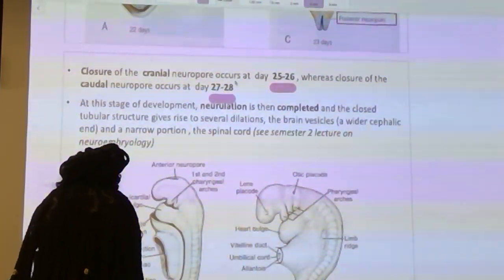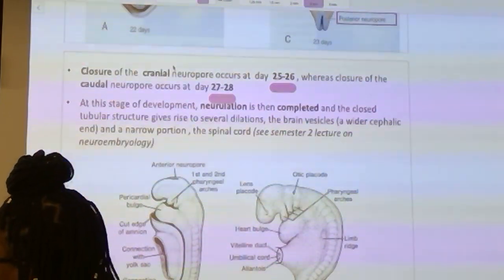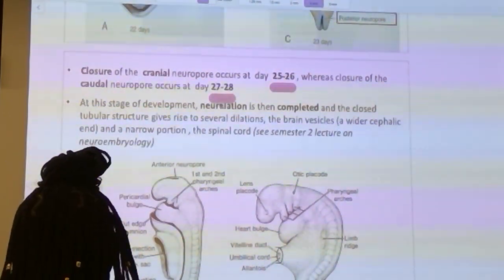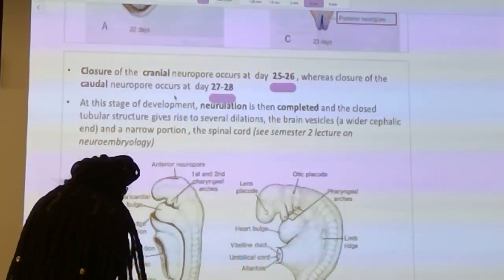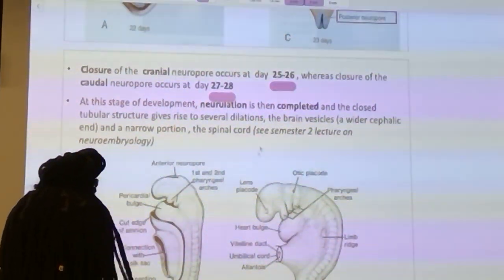Okay, so just know the closures of the cranial and caudal neural tube. Cranial usually closes first, and caudal is slightly later. So cranial 25 to 26, caudal 27 to 28.